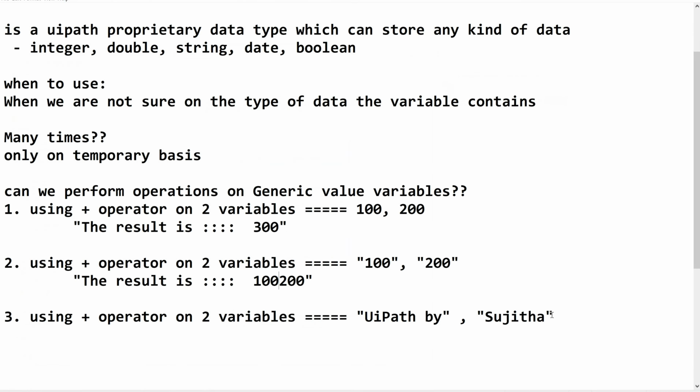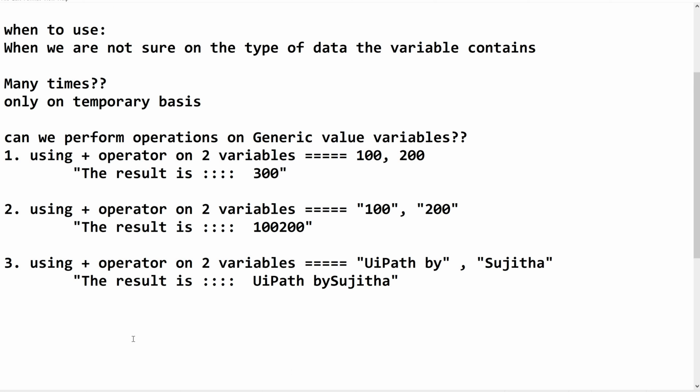Okay. Now last but not the least, let us try something. Fine, when we pass some integers, it considers them as integers and gives 300 as a result.